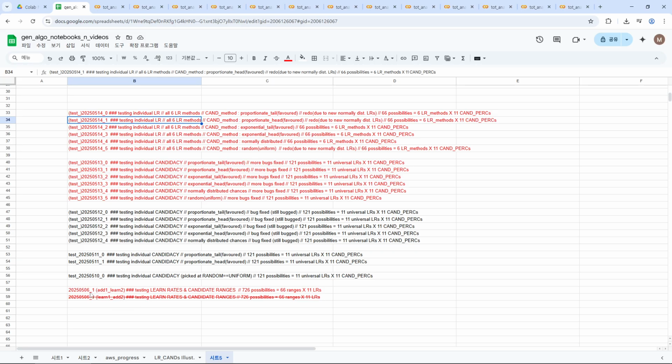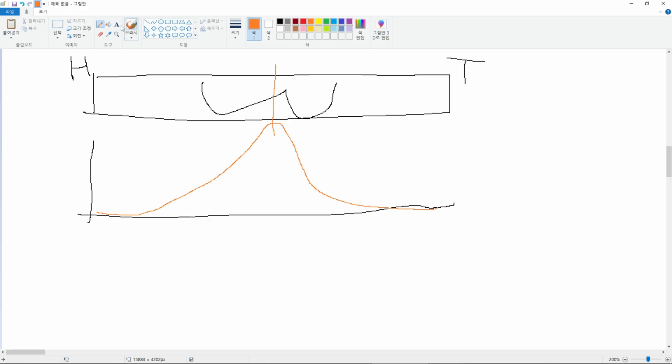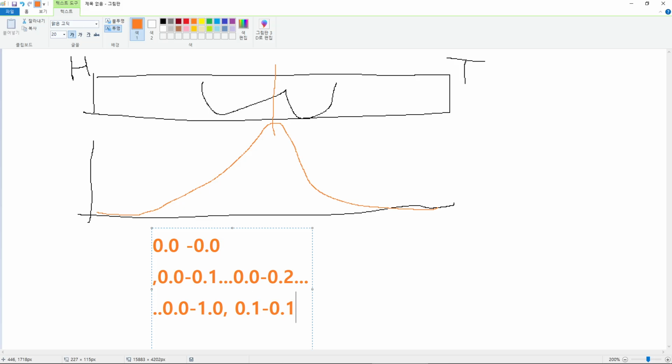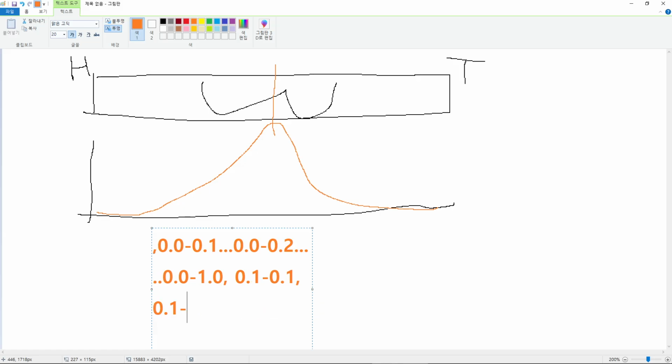And then if we come back to 2025 0506-1, where it was universal learn rates and candidate ranges, in that case the candidate method will be range, and then the ranges will be 0.0 to 0.0, 0.0 to 0.1, 0.0 to 0.2, on and on, to 0.0 to 1.0, and then starting from 0.1 again to 0.1, 0.1 to 0.2, and on and on.